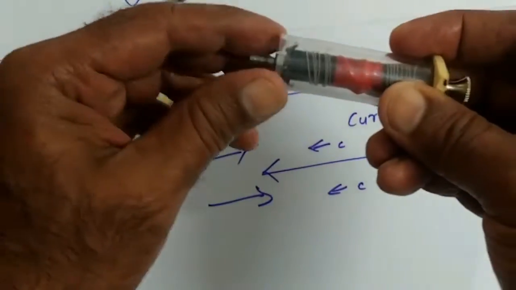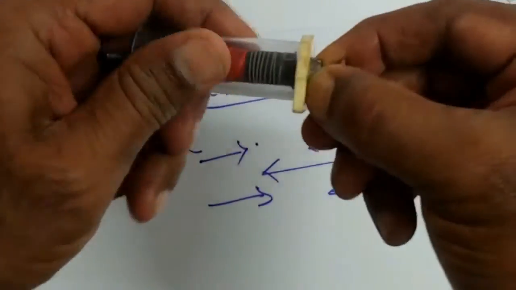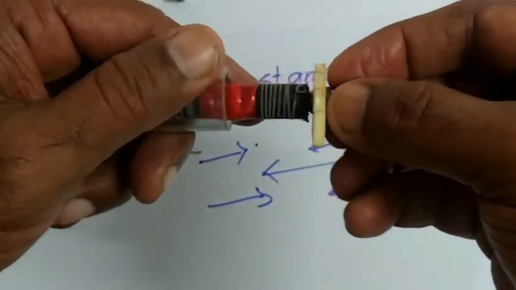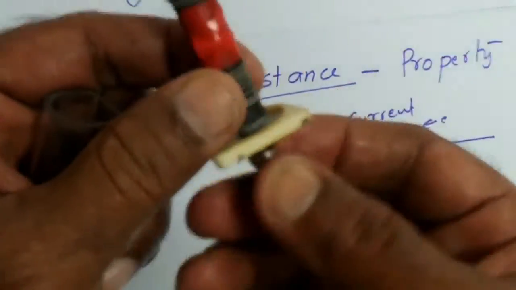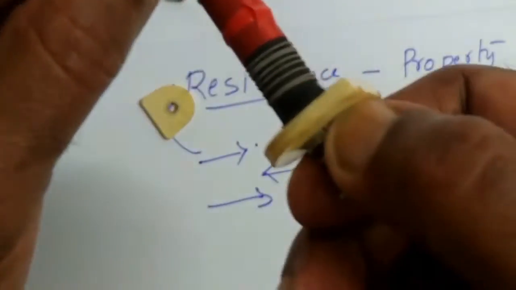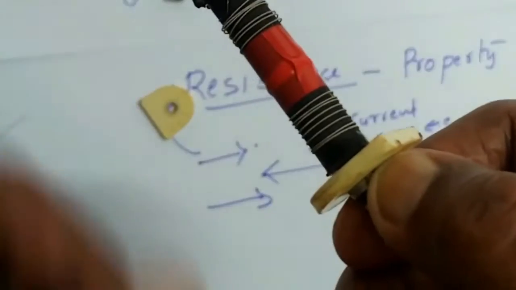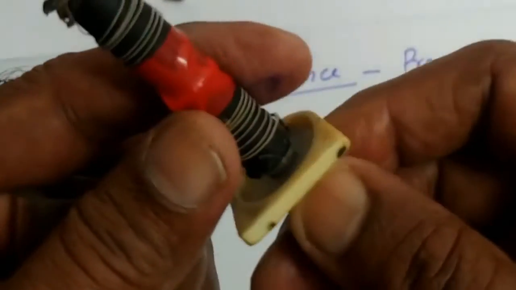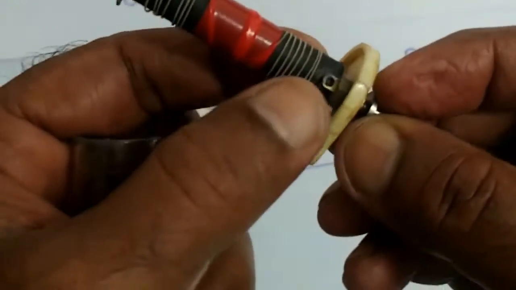Look at this. And I'm going to open this side also so that you know what is inside. This is the coil. And that coil is here, you can see, connected to this terminal, whereas this side is connected to this terminal.